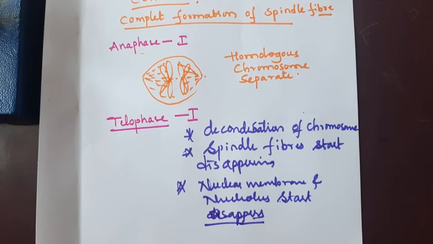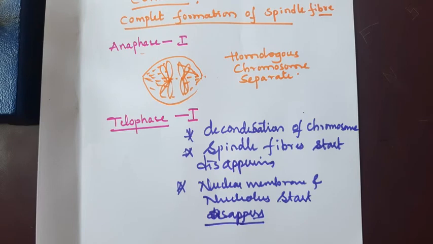Afterwards, after the metaphase, anaphase and telophase, we can see a different type of cell formation. I already told that this meiosis occurs inside the germ cells, and by the meiosis we can see the formation of haploid gametes. It is completely a reductional division.